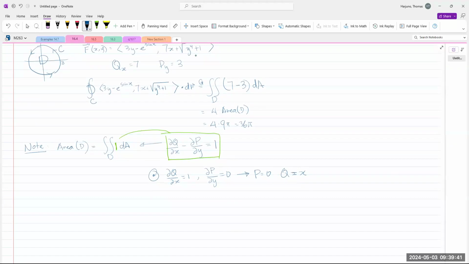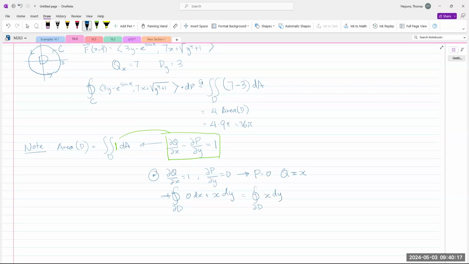By Green's theorem, this is the integral over the closed curve of the boundary of region D of p dx plus q dy, which we can just write as the integral over the boundary of D of x dy.